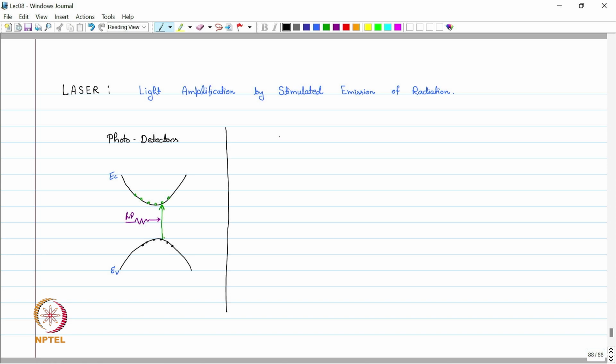In LEDs, or light emitting diodes, we discussed we have a conduction band and a valence band, EC, EV, and there is a hopping of an electron from the conduction band to the valence band.